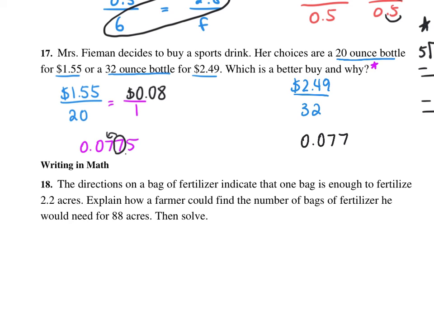So if I'm looking, this is a 7 as well. So what does it look like? Is there actually a better deal? It looks like they're both about the same price per ounce. They would be the same. Wow, what are the chances of that?